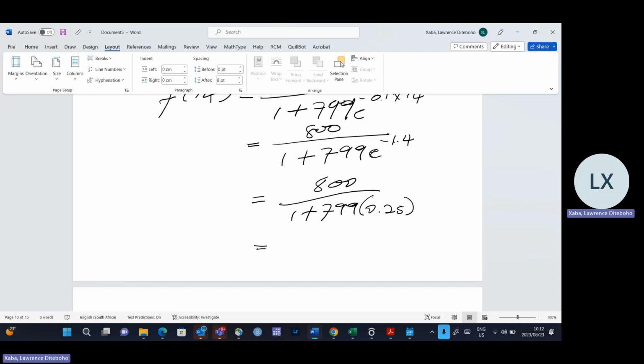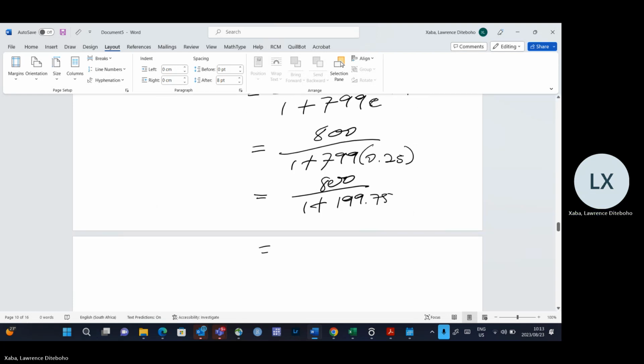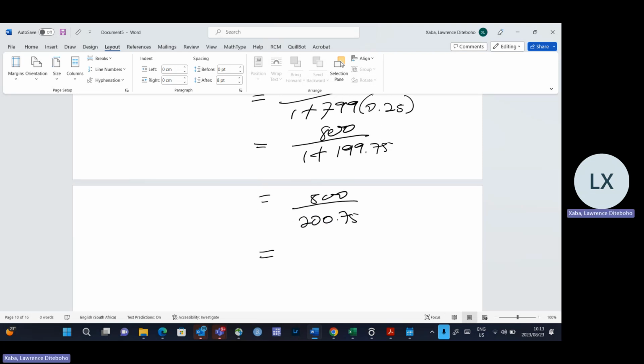I got 800, 1 plus 199.75 plus 1, we have 800 divided by 2.75.